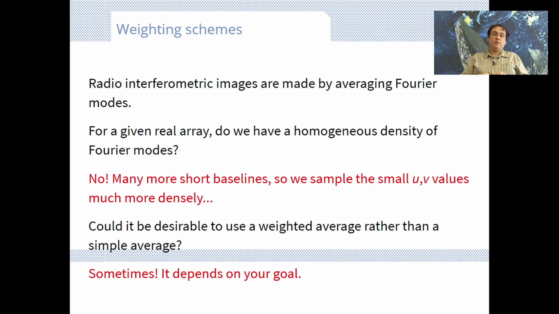Well, the answer really is no, right? Because if we consider MeerKAT, for instance, about 70 to 75% of all the antennas in the array are located within just a 1 kilometer radius, and the array extends out to almost 8 kilometers. So it will definitely not give us a homogeneous measurement of this UV space.